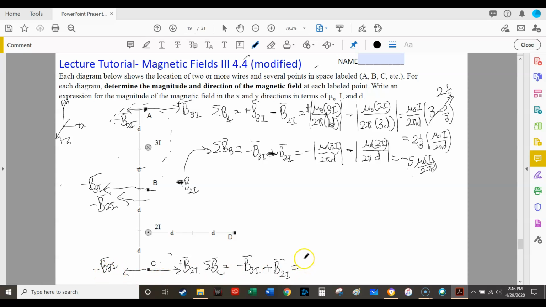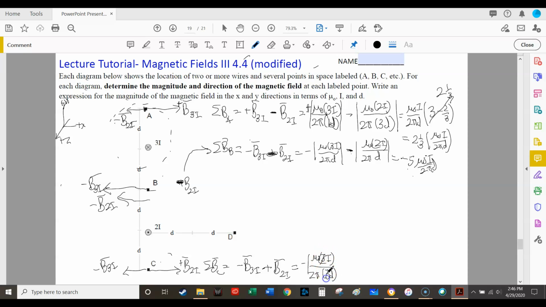Okay, and that means we're going to get a negative mu naught, and that's going to be 3I over 2 pi, and how many d's away is it? 1, 2, 3 d's away.